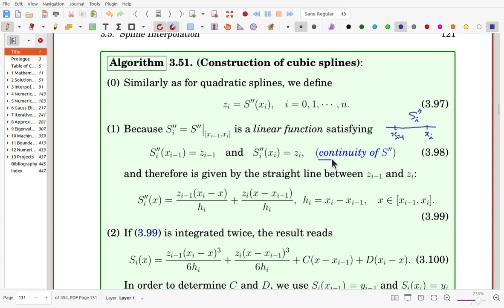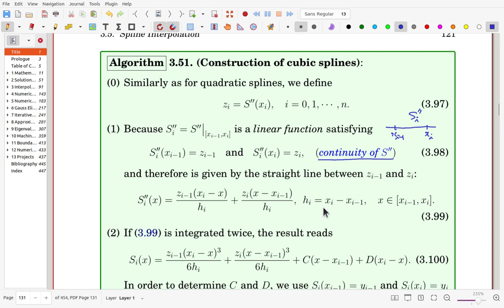That's from the continuity of S double prime. Because it's linear on each subinterval, we can construct the linear function connecting Zi-1 and Zi. This is the result, which is the Lagrange form of the interpolating polynomial.